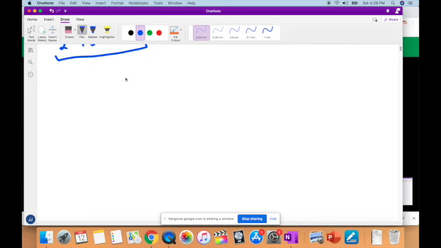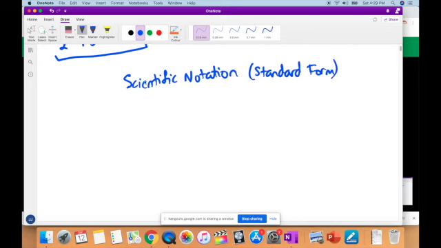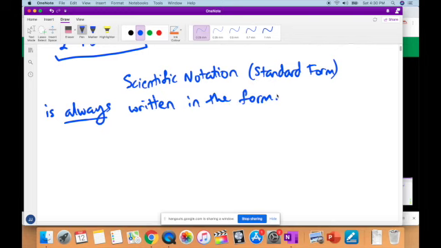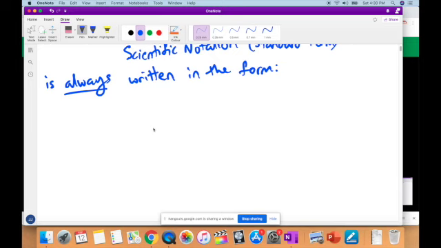So scientific notation, or standard form, is always written in a generalized form: A point something, right?